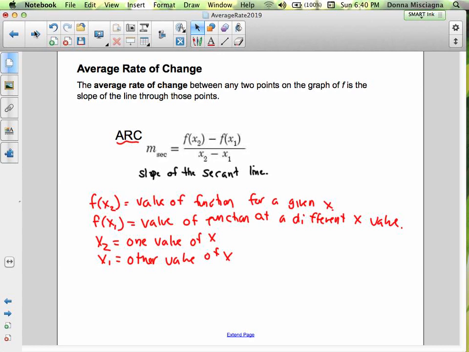So we take f of x2 minus f of x1. f of x2 is the value of the function for a given x. f of x1 is the value of the function for a different x value. x2 is one value of x, and x1 is the other value of x. And it is the same as taking the difference in the y coordinates over the difference in the x coordinates. But here we're going to write it with correct terminology.